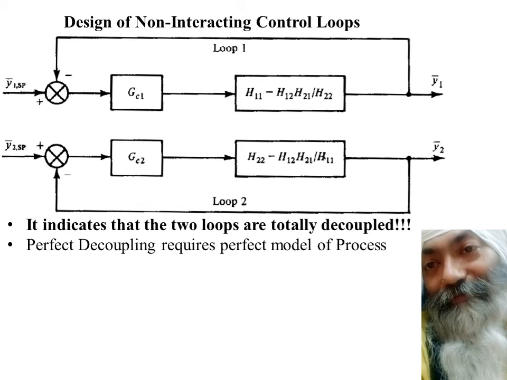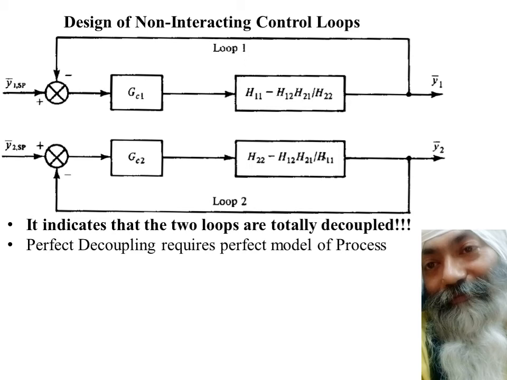If we want perfect decoupling, then we have to have perfect models of the entire process. Each block should be perfectly modeled. That is the values of h11, h12, h21, h22. All these values must be known absolutely perfectly.